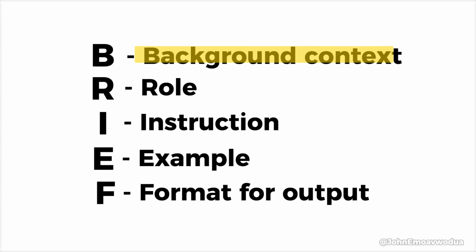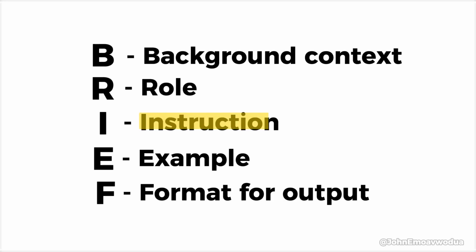to write your prompt. R is role, asking the AI software to take up a role, a marketer or a designer or a developer. This helps the AI software transform into that role and act as if the software is that particular expert or professional in that field. I is instruction.